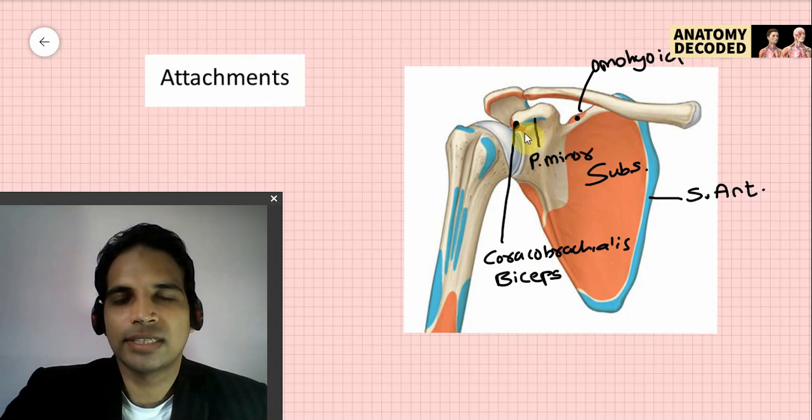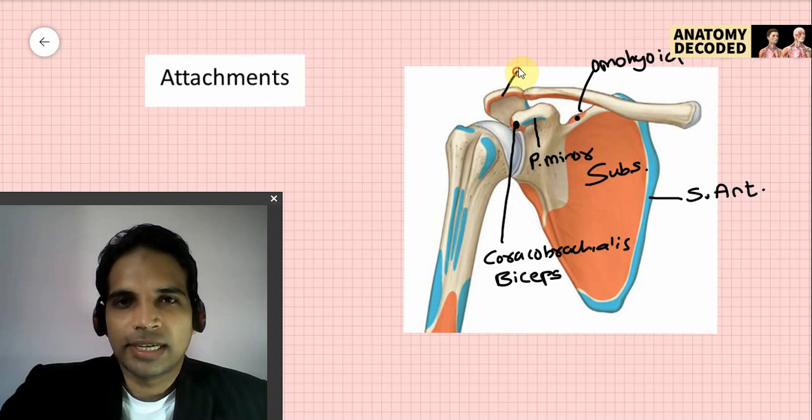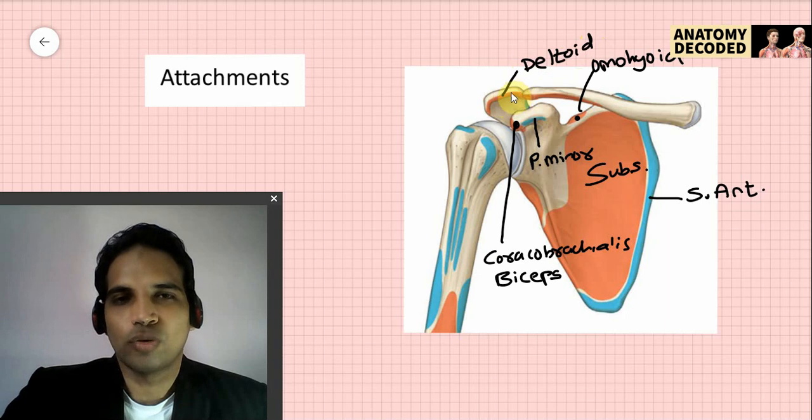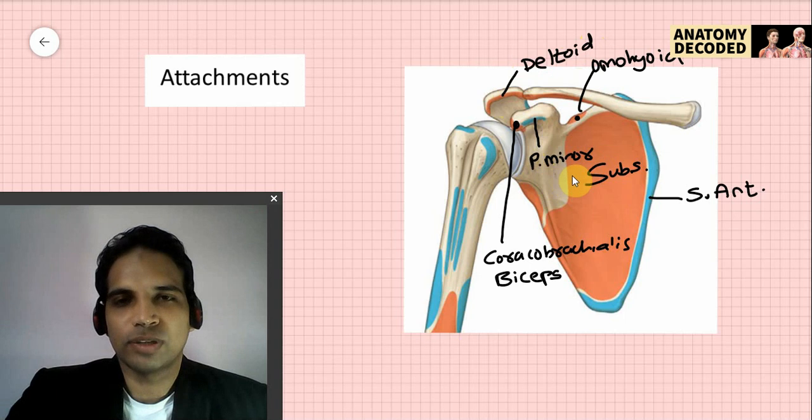So there are three muscles on the coracoid process. Here this muscle is the attachment of deltoid. It's on the acromion process. So it has attachment on the spine as well as on the acromion process of the scapula. So these are the various muscles which are seen from the anterior aspect of the scapula.